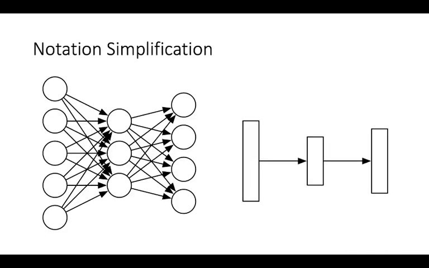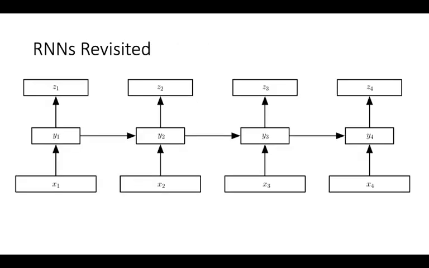This one started to work, but I will also simplify the notation. For example, this is the vector, and we just use a rectangle here. And a recurrent neural network looks like this. You have each word as the input to the recurrent neural network, and then we have its latent representation.